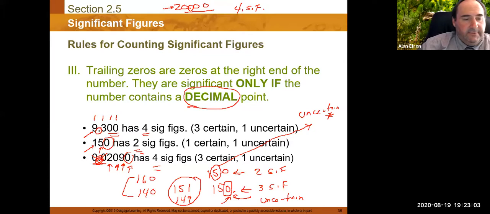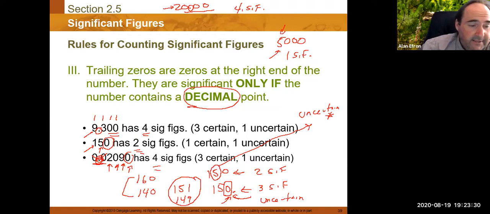So let me just grab some of these. A number like 5,000 written just like this would have only 1 significant figure, which means both the certain number and the uncertain number are basically here.